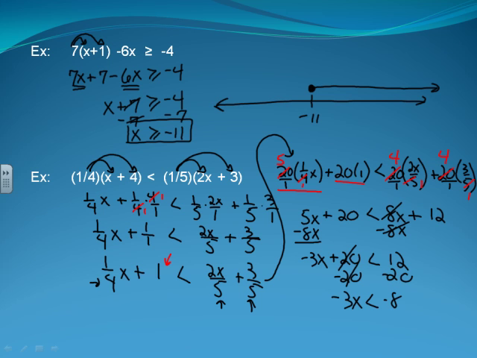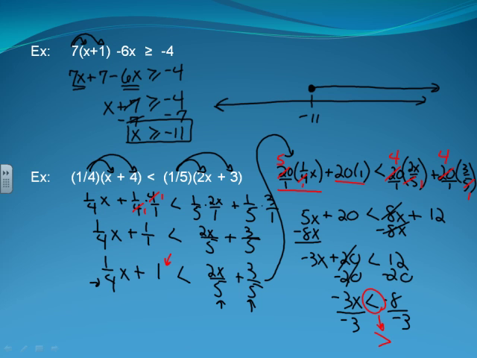Okay, I'll stop there for a minute. Notice that for all the steps that we've done prior to this, everything has been addition or subtraction, and nothing has dealt with multiplication or division of negative numbers. Our next step, though, because we have to get x isolated, is when we divide both sides by a negative number, that inequality sign is going to have to reverse or flip.